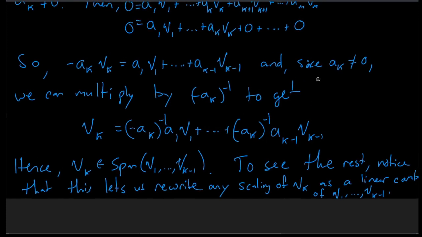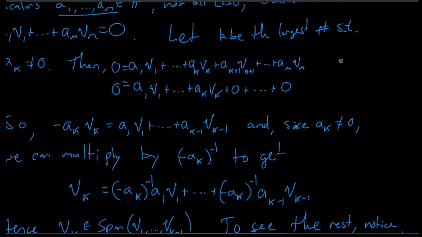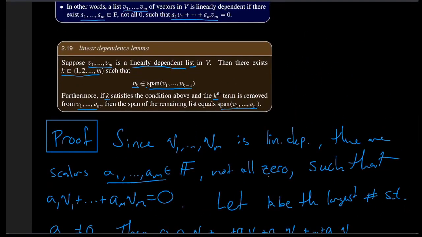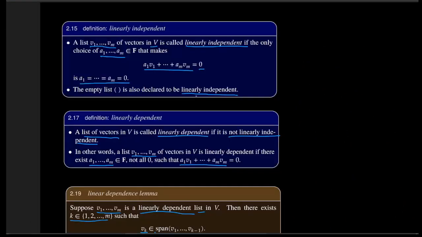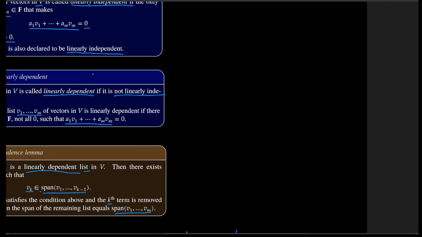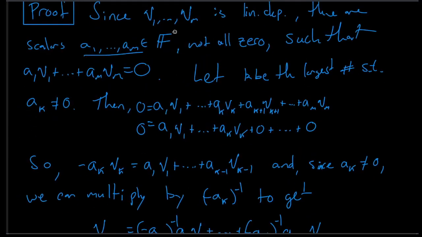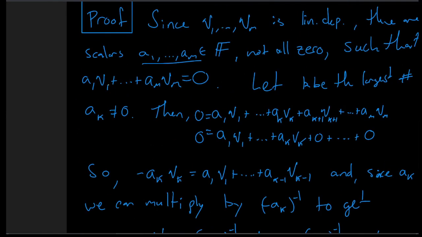I can write this out, but it's going to be really tedious to do so. Just look at a linear combination, something like this. It doesn't have to be equal to 0. Any linear combination.